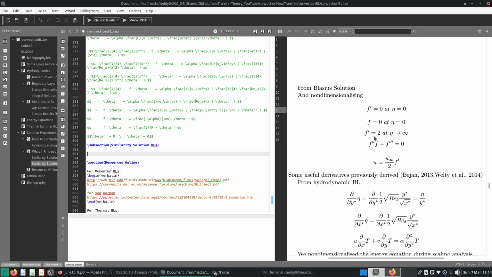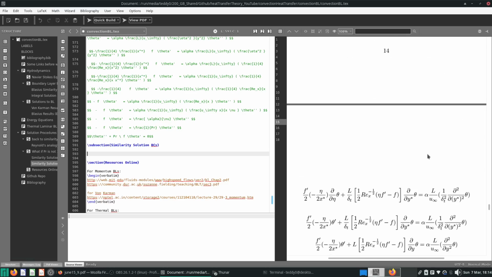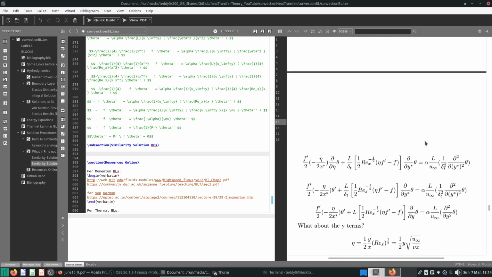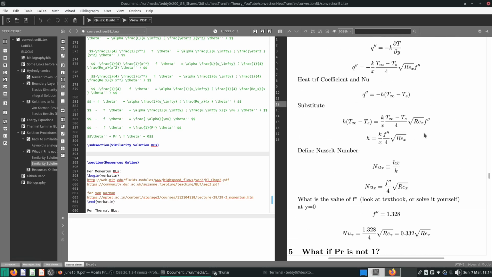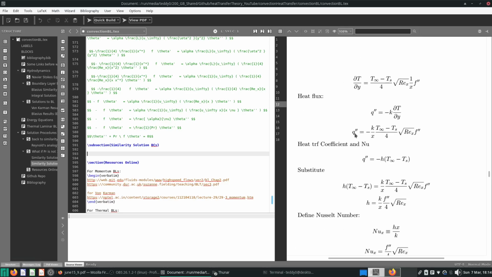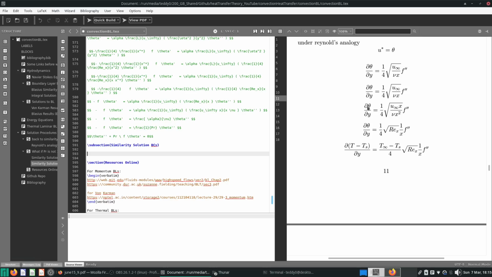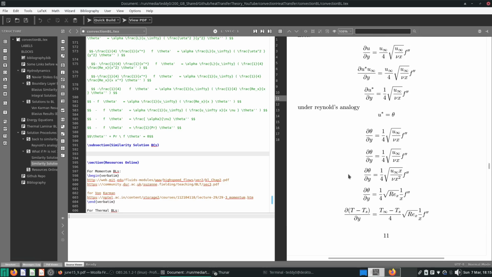So if you want to get our heat flux, where do we get our heat flux from? We go by del T del Y. This is roughly what you want to go for.